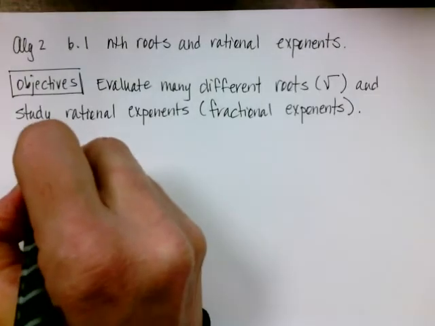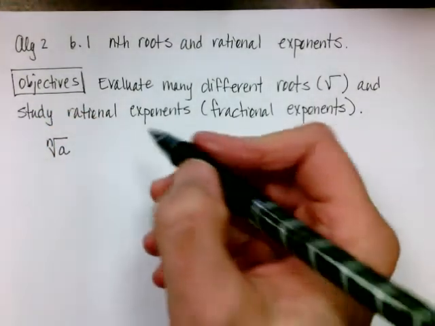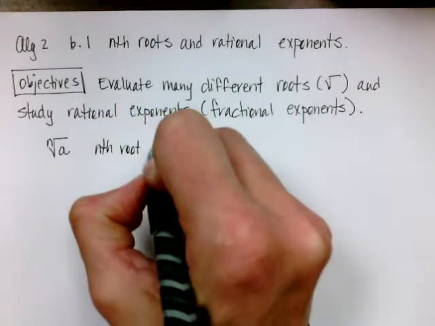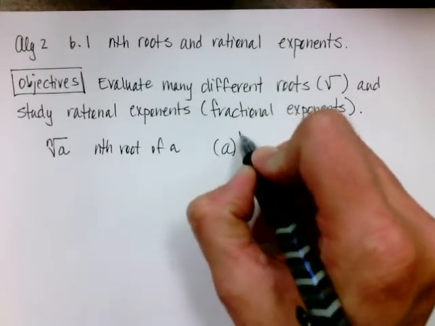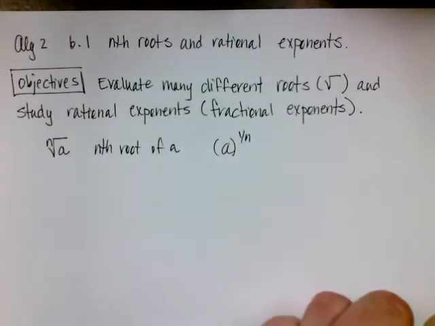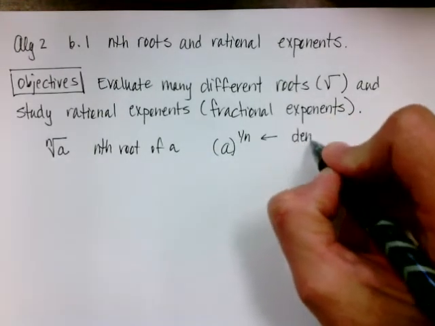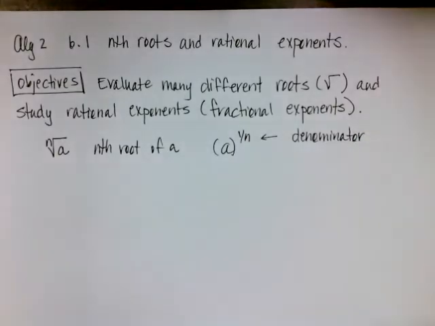If I have the nth root of a, that means the same thing as a raised to the 1 over n power. The denominator is always telling you what number of root you are taking.